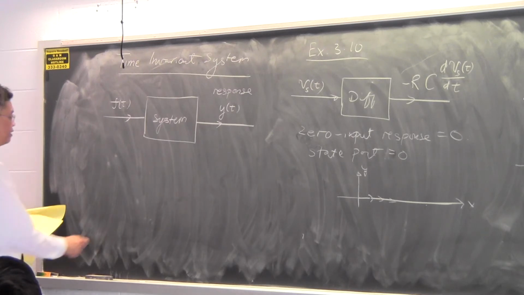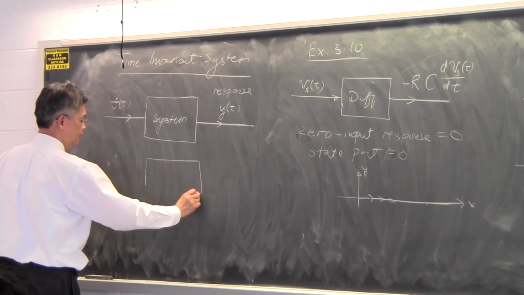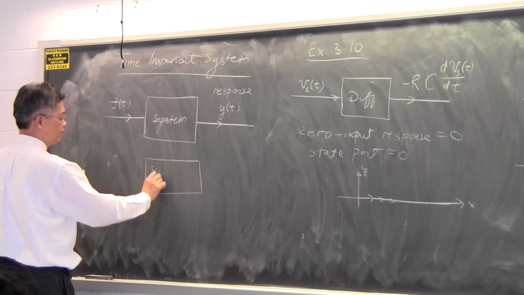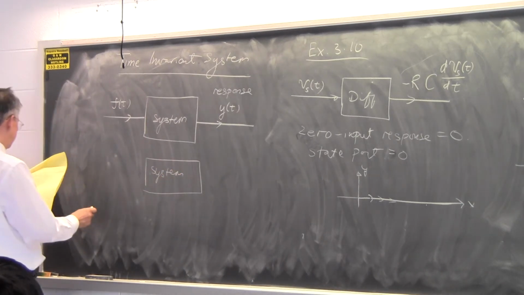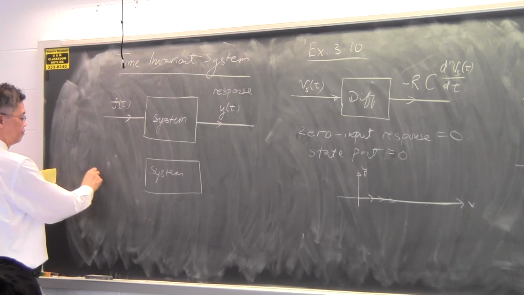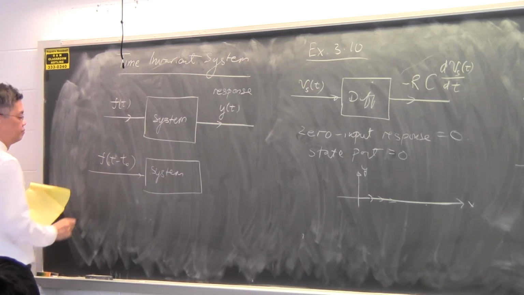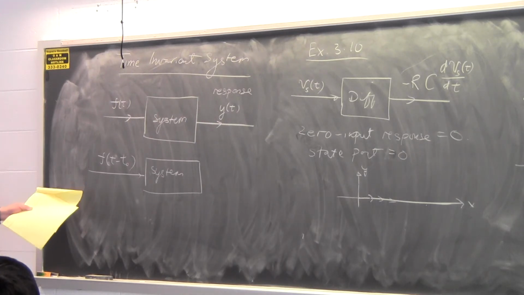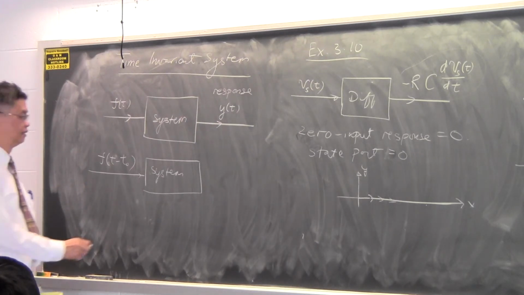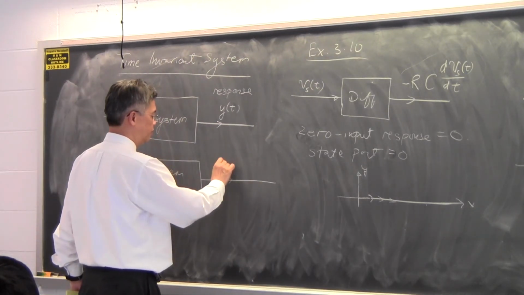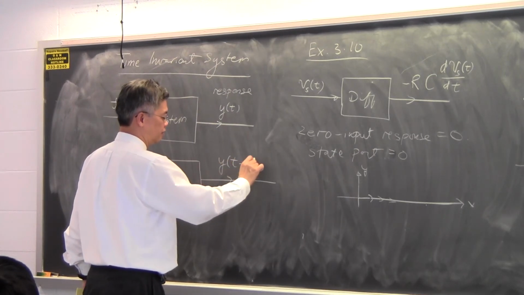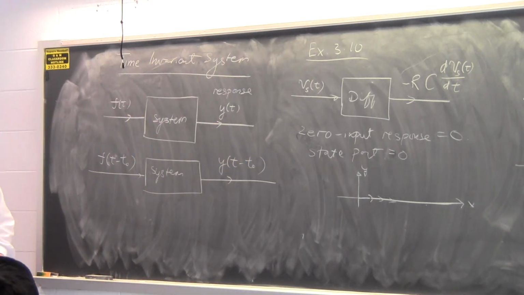So the way to say it mathematically is that if this system has been the same, and I were to input something later with a certain time delay, then the output is just going to be time delayed. That is just the meaning of a time invariant system.